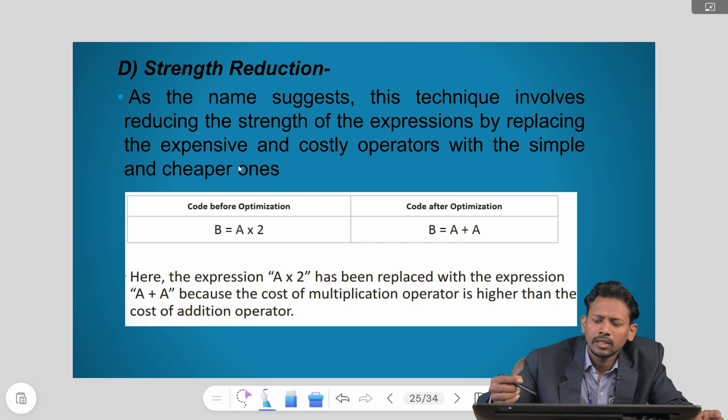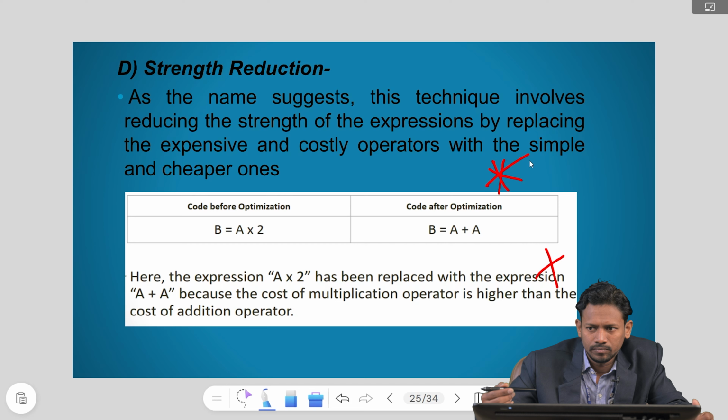As we know, the multiplication operation is a bit expensive compared to addition and subtraction operations. In floating point arithmetic, we can observe that the multiplication operation takes a high amount of time with respect to addition and subtraction operations.